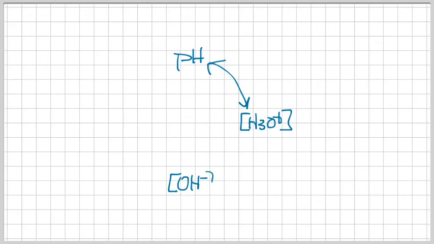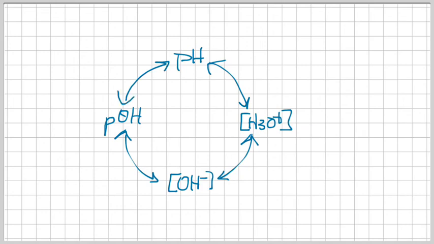From hydronium ion concentration we can calculate hydroxide ion concentration. From hydroxide ion concentration we can calculate pOH. And from pOH we can calculate the pH. I call this the circle of pH, like the circle of life. Those are double-headed arrows because you can go either way.